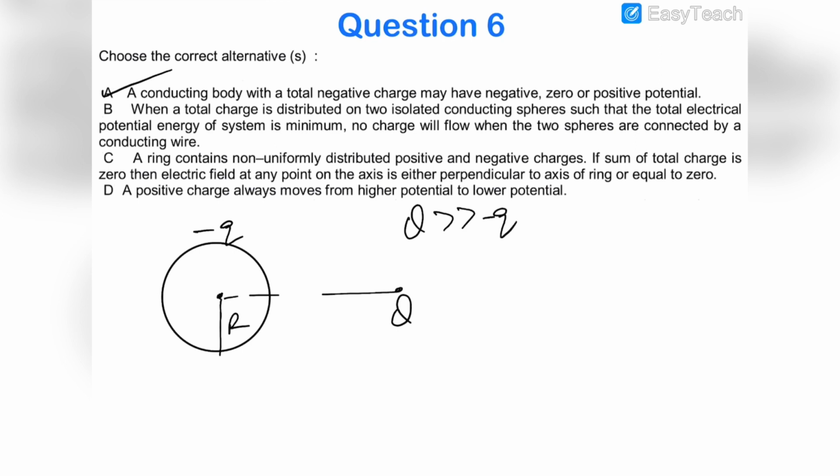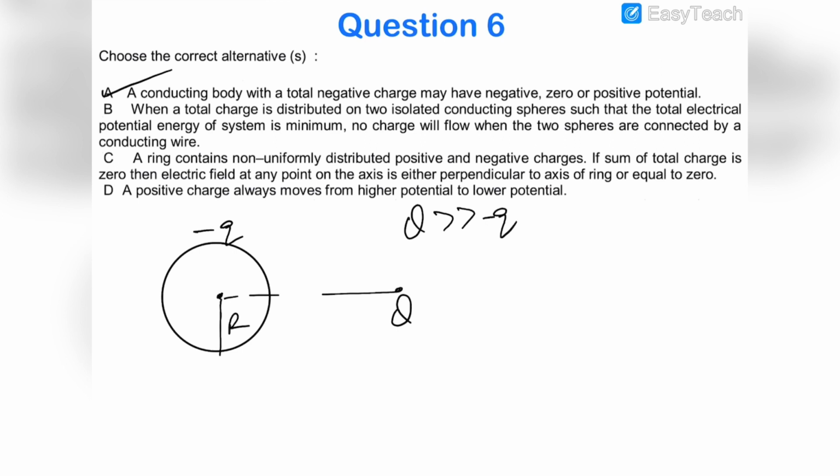The B option says that when a total charge is distributed on two isolated conducting spheres in such a way that the total electrical potential energy of the system is minimum, then there will be no charge that will flow when two spheres are connected by the conducting wire. Obviously, we know that if two spheres are connected by a conducting wire, then charge will flow from higher potential to the lower potential, and this is an automatic process which is a self-occurring process.